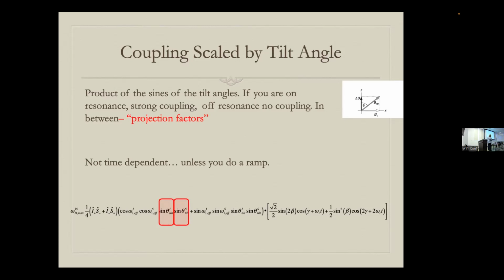And if you're way off resonance compared to a really weak spin lock, this comes close to 0 and you don't have any coupling. And in between, which is the case for experiments like we were just talking about, you'll have a value between 0 and 1, and that's what I use the term projection factors for. It's a scaling of your dipole coupling you should be aware of when you set up the experiment.